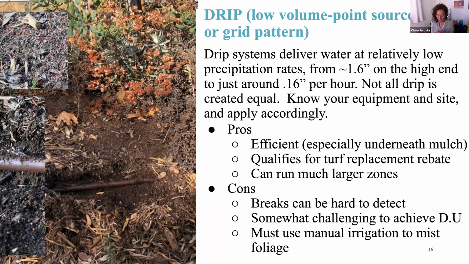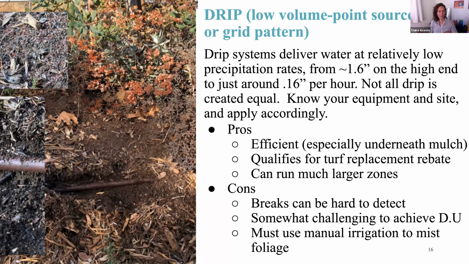And then also too short of run times. Typically, if it's got a really low precipitation rate, and you run it for only 8 minutes like you're used to with a sprinkler, it's really not going to allow the water to get down deep enough. So those are the most common errors with all drips, but mostly the point source drip.